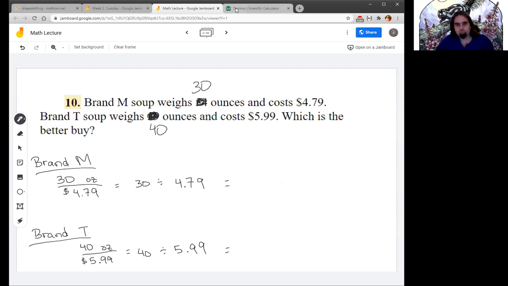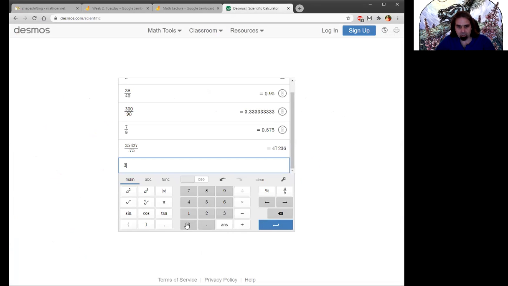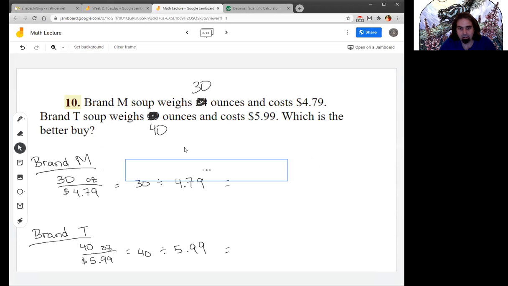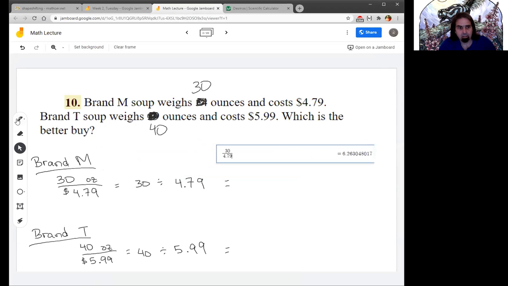Okay, 30 divided by 4.79. So that's going to be 6.2-ish. And I'm going to round.